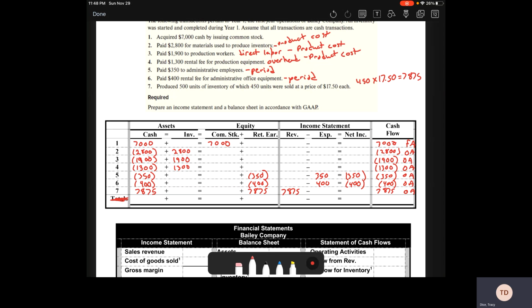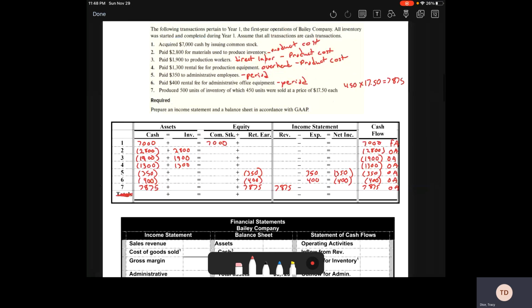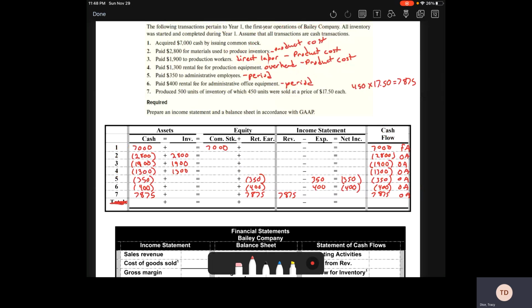But then we've also got to now recognize our cost of goods sold. So that's $450, but we got to figure out, okay, what did it cost to produce these? Well, let's go back and find our product costs. So we've got the $2,800 for raw materials, the $1,900 for production, and the overhead costs. So when we add those together, we take our 28 plus 19 plus 13, you should get 6,000.